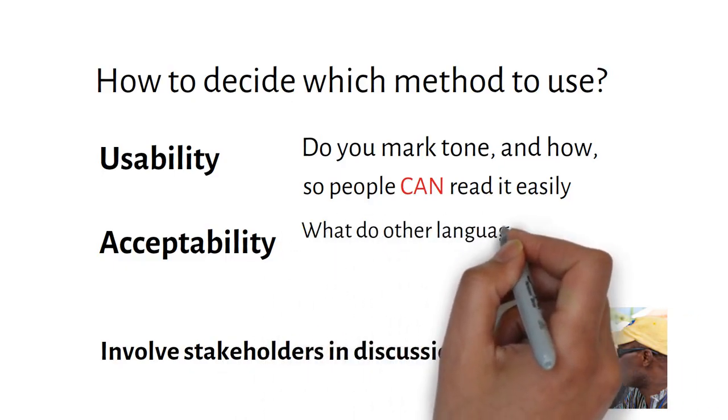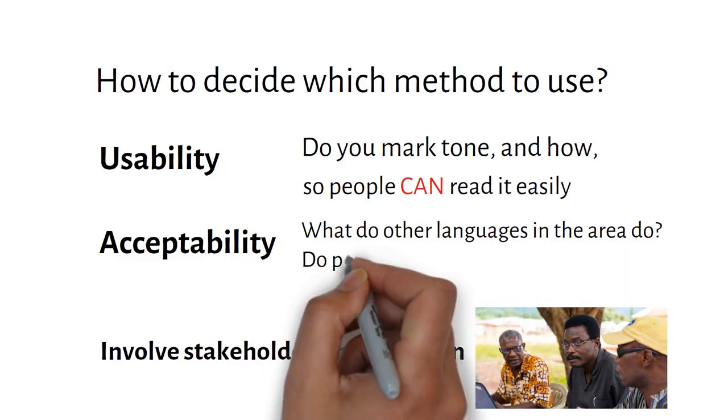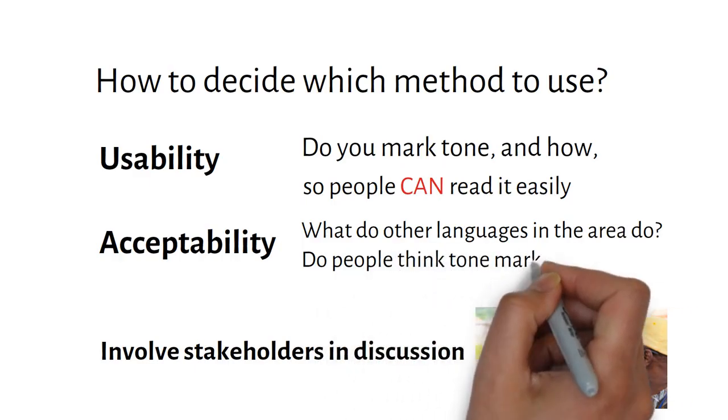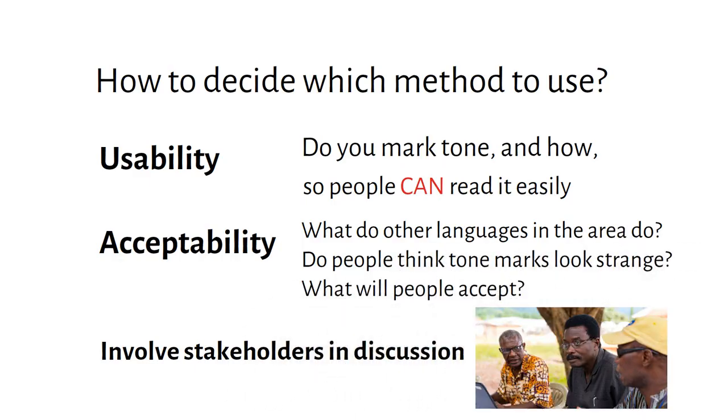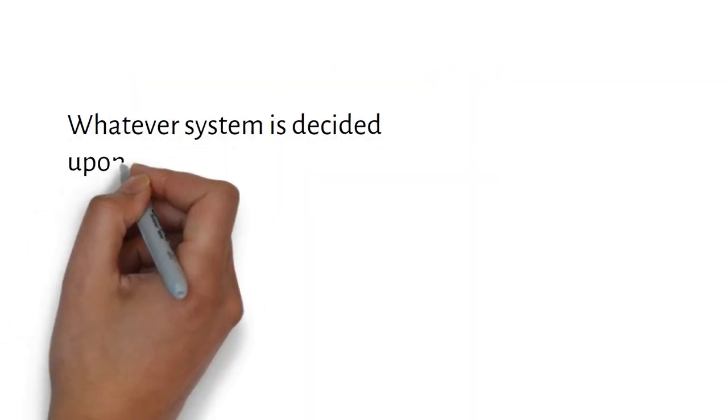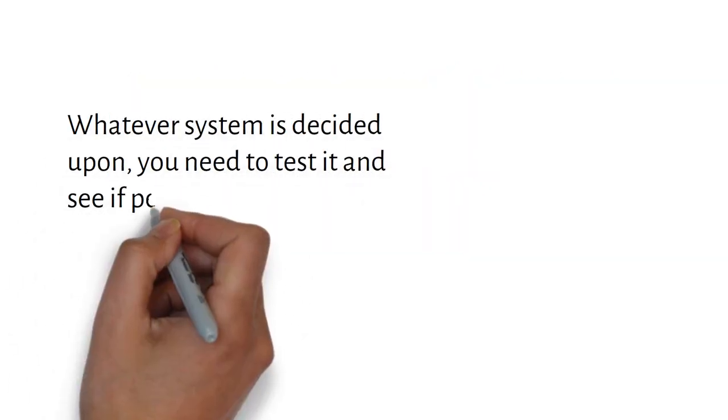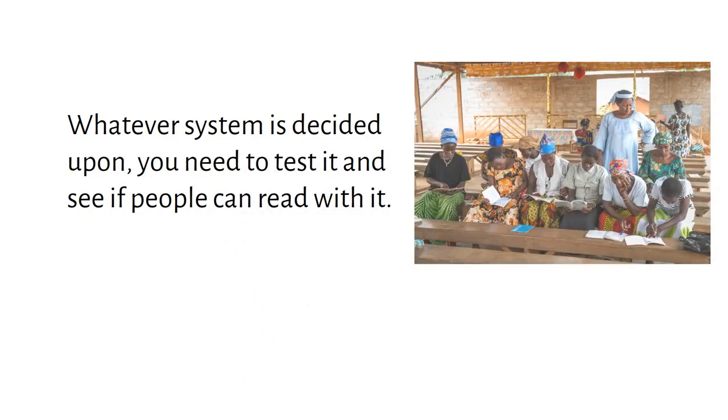Questions on acceptability include: what do other languages in the area do? Do people think tone marks look strange? What will people accept? Whatever system is decided upon, you need to test it and see if people can read with it.